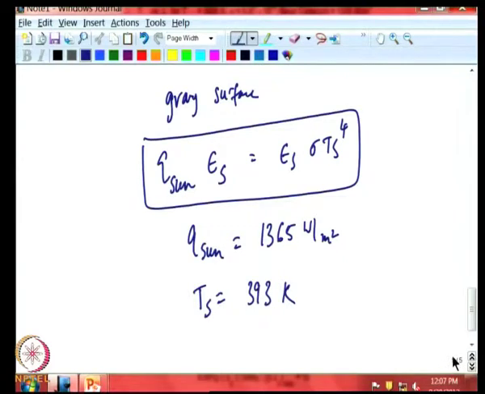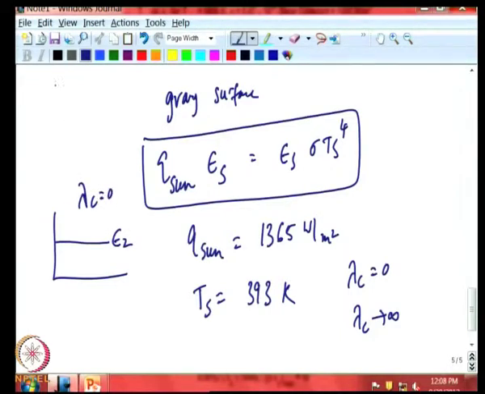So, this happens for lambda c of 0 and lambda c tending to infinity. In both these cases, if you recall, lambda c tending to 0, then you will have only epsilon 2. So, this is a general function.